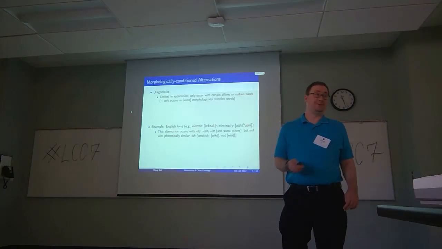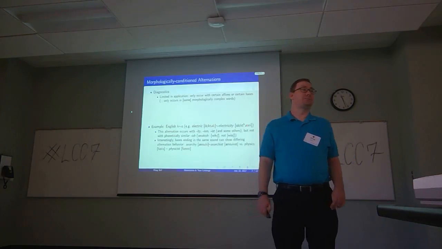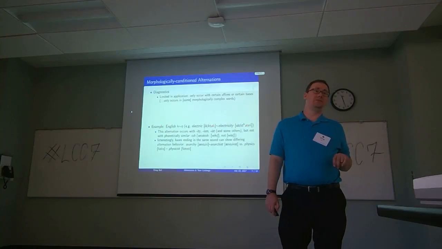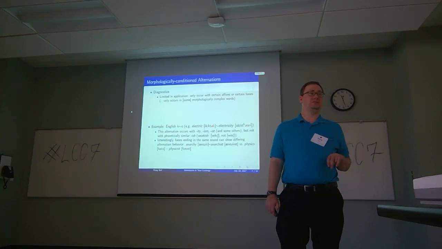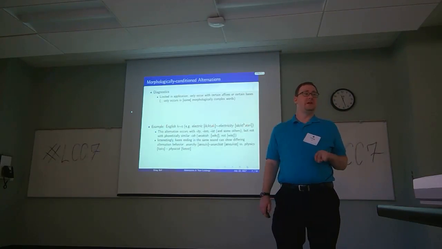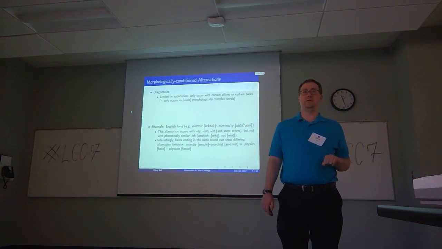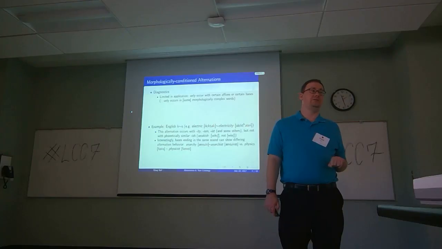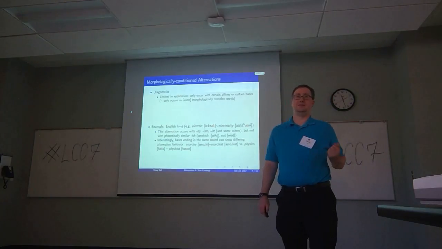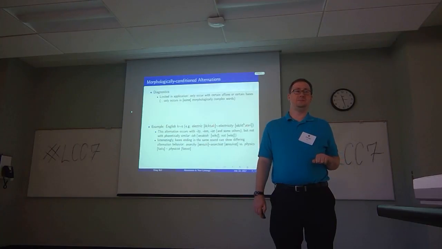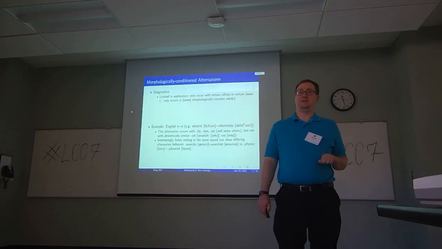One of the other interesting things that you find with velar softening and other morphologically conditioned alternations is, in fact, bases ending in the same sound can show differing behavior with respect to the alternation. You have "anarchy" and "anarchist," assuming that there is some base in there. You have it ending in a K in "anarchy," and it still ends in a K in "anarchist."